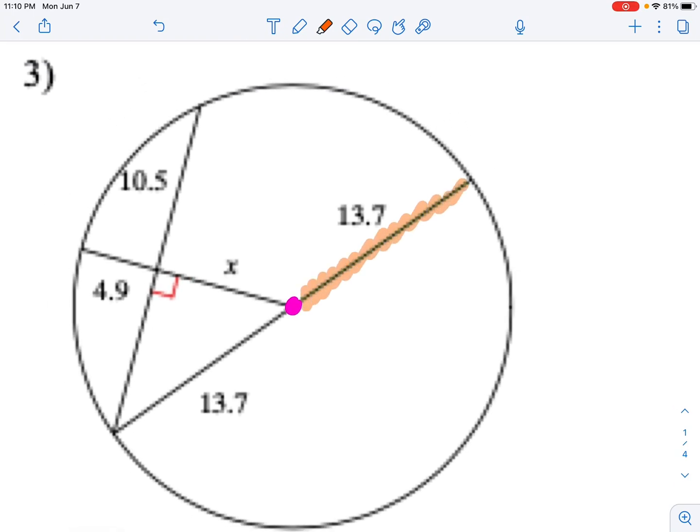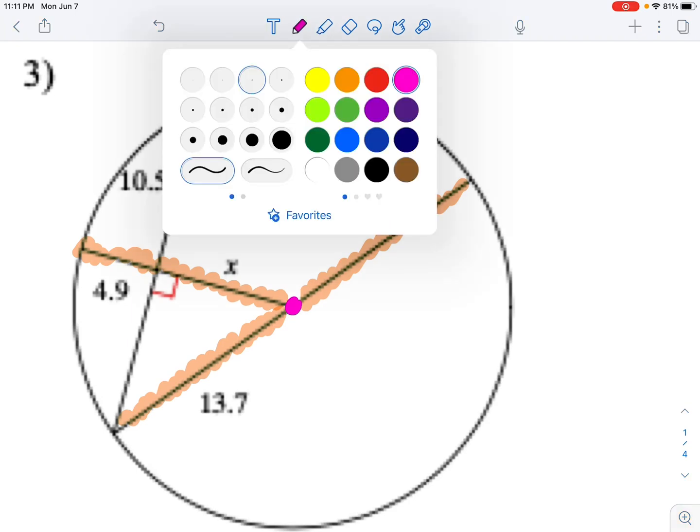So from the center to the side is our radius. That's 13.7 and that's 13.7. They're equal, right? Also from the center to the side is this right here, so that's 13.7 as well.